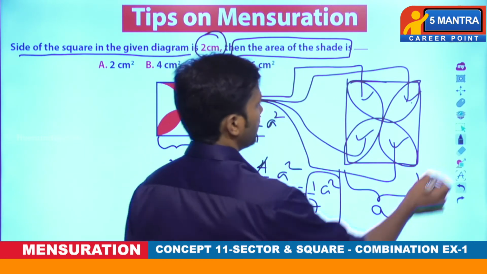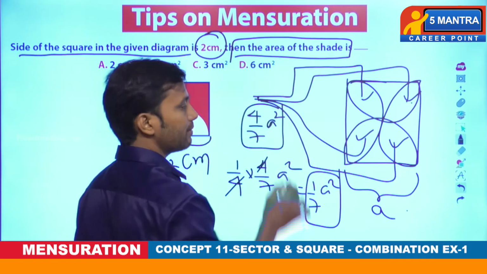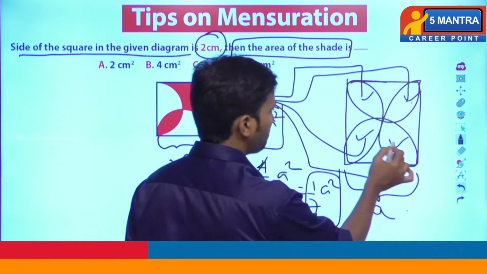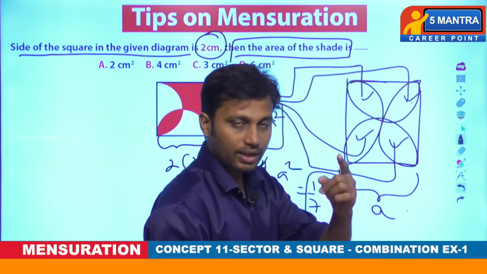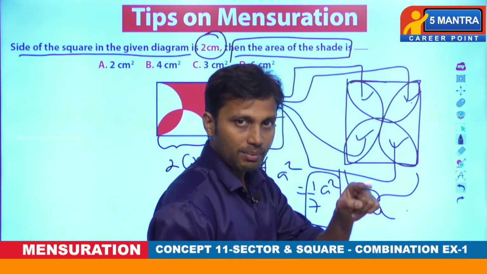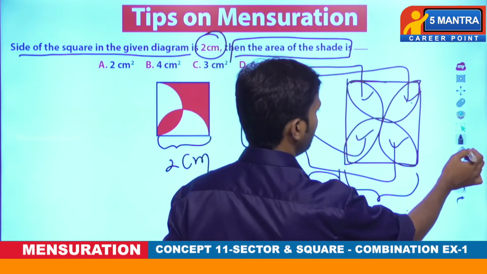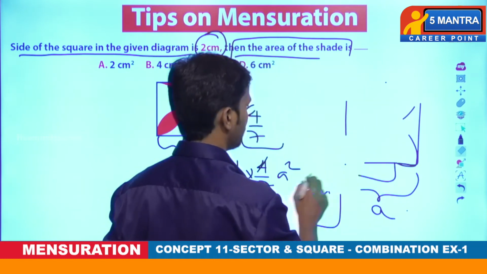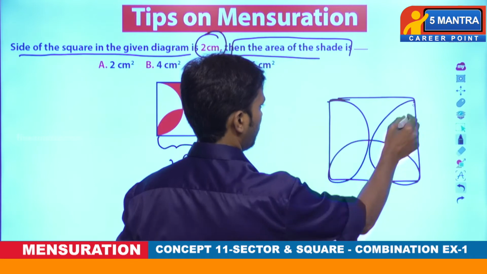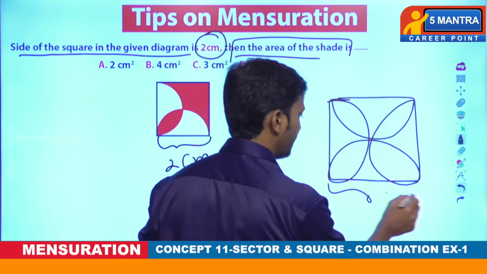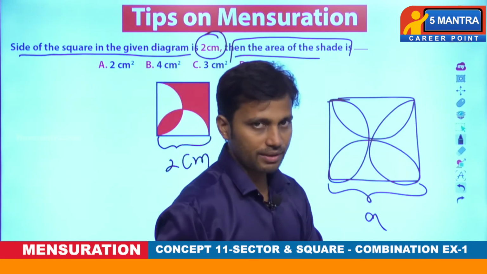So now let's just have a look at this. Anyway, this flower area is 4 by 7 a square, and each petal area, with 4 equal parts divided, would be occupying 1 by 7 a square, isn't it? Then let us represent them on the diagram. So now if the side is A, then the total flower shaped area is 4 by 7 a square.